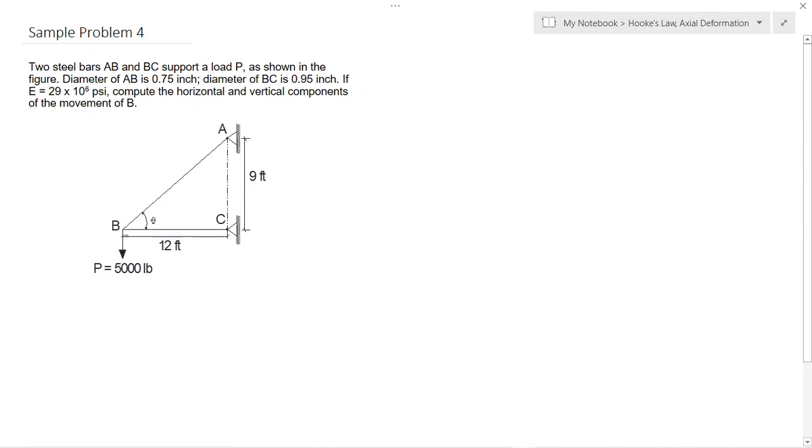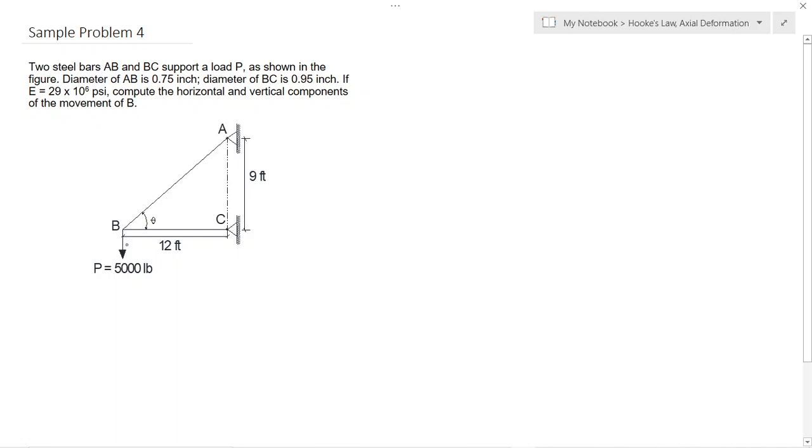Okay, what is being required in the problem is the movement of B once the load P is applied. The value of P is 5,000 pounds. So when it is applied at point B, class, what do you think will happen?